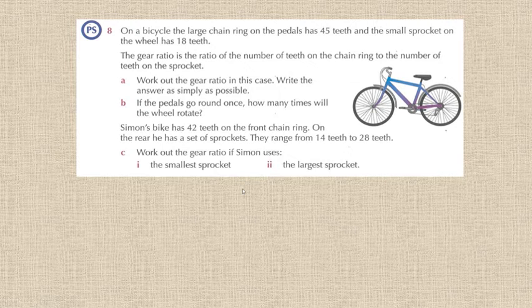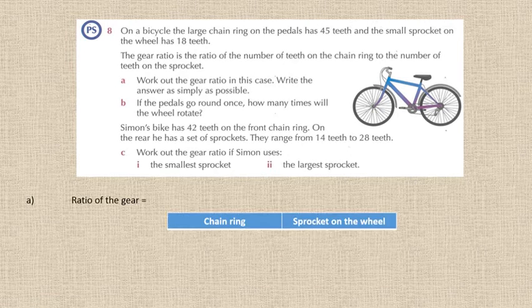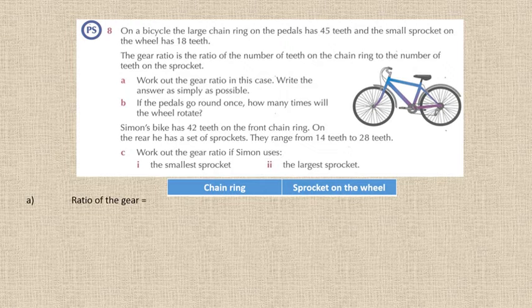I have to write down the ratio form, which is the chain ring to the number of teeth on the sprocket on the wheel, which is 45 to 18. And then it asks me to simplify it, so I'm trying to search for the number that 45 and 18 can both be divided by.